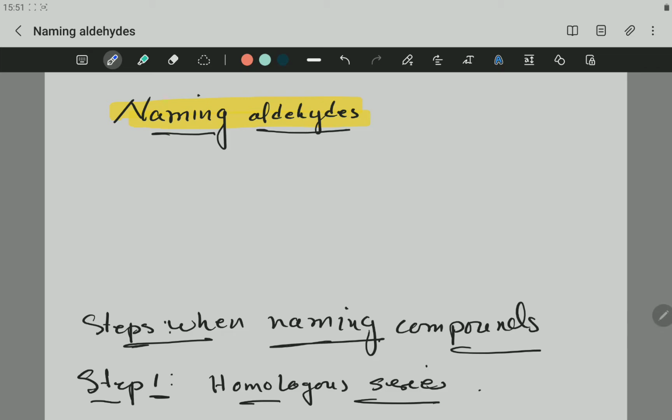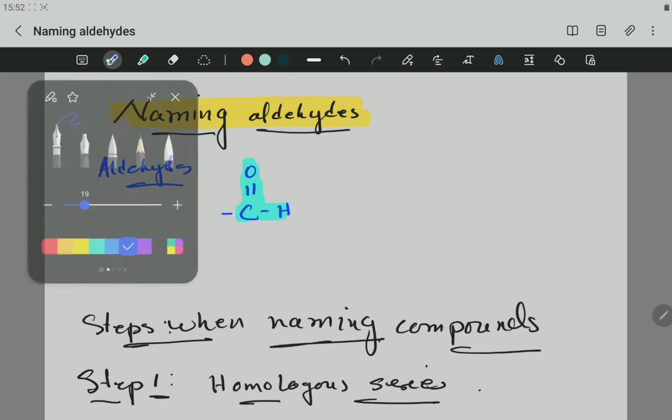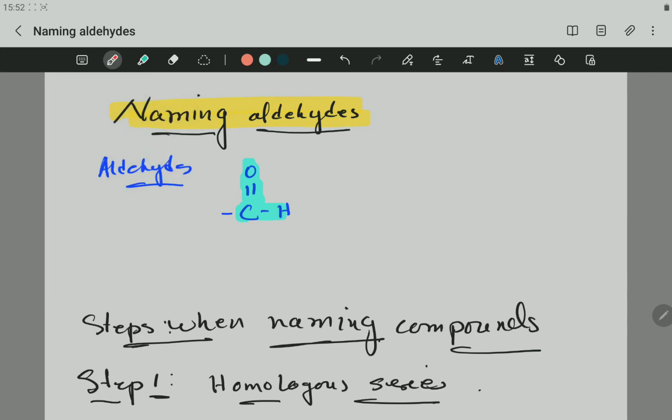So aldehydes, the first thing we need to know is the functional group of aldehydes, okay? The functional group of aldehyde is a carbon that has a double bond to oxygen and a single bond to hydrogen. Note that this carbon is always going to be the first carbon of the compound, whether it's at the back or at the front.